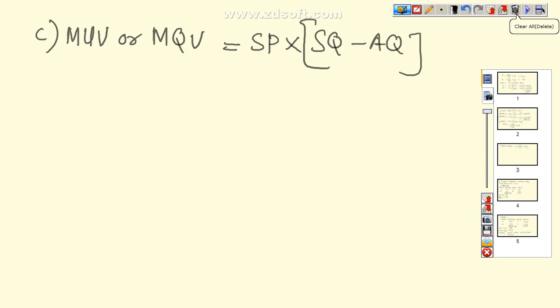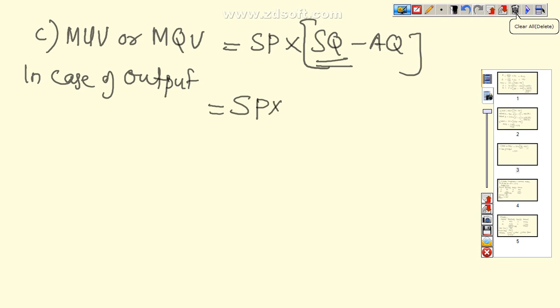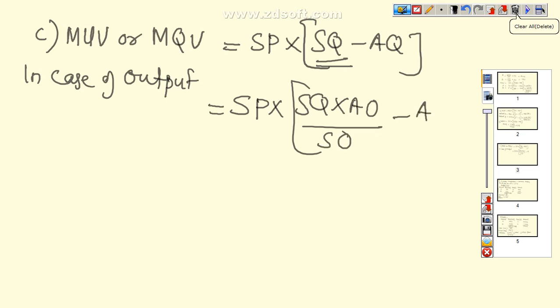Here, in case of output, we have to make a slight change in the formula: wherever standard quantity is there, we have to change it. So it is standard price multiplied by standard quantity into actual output upon standard output, minus actual quantity. There are two materials, A as well as B.